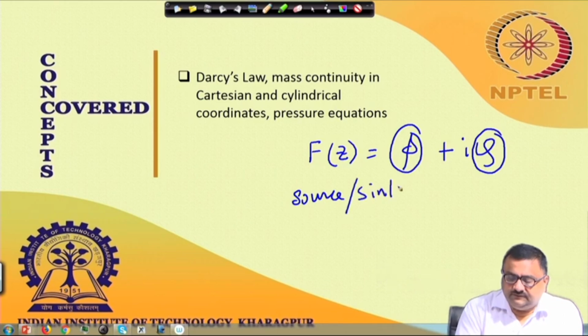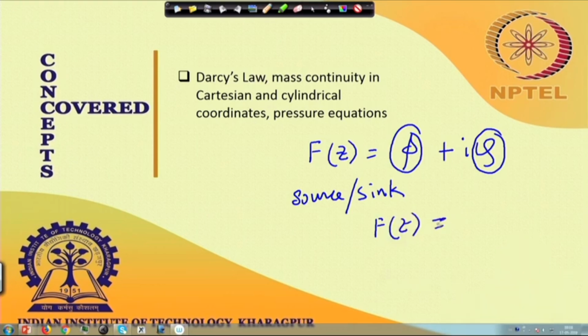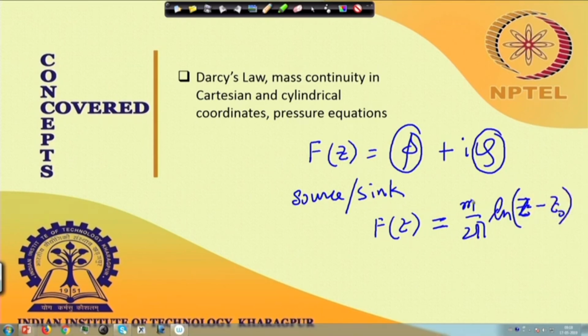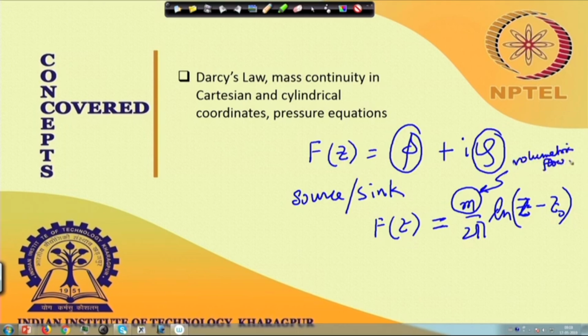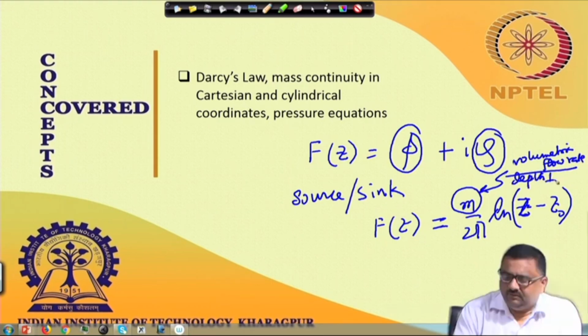where we have seen that F(z) would be equal to m by 2 pi ln z, or to be precise, if we want to shift a coordinate, we can write this as z minus z0, and this m is the volumetric flow rate per unit depth perpendicular to the screen.